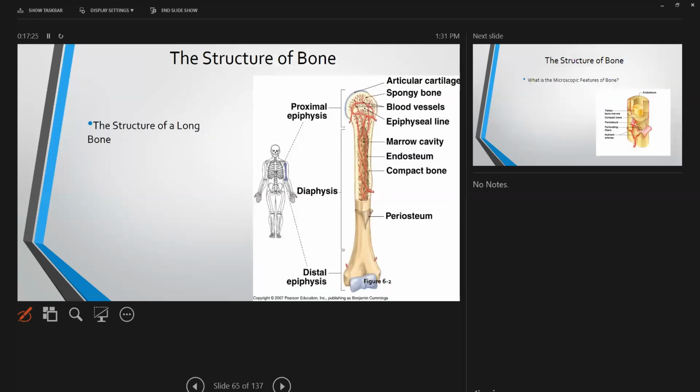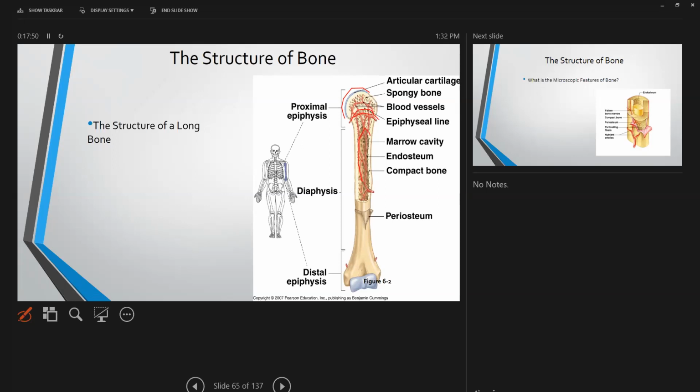So let's look a little bit closer here. So here we've got this articular cartilage of the bone, and then at the end of the bone, you've got this spongy bone. This is considered the epiphyseal line. So this is where the growth plate closed. We've got the marrow cavity, and then the endosteum.